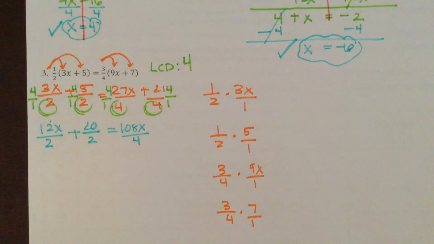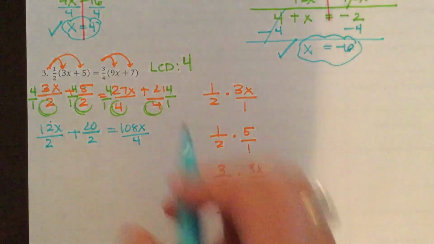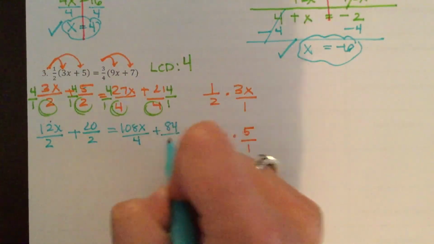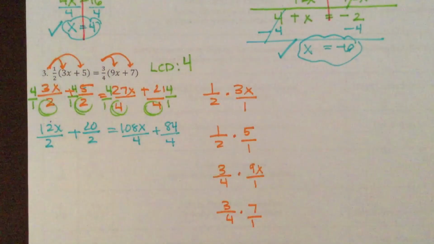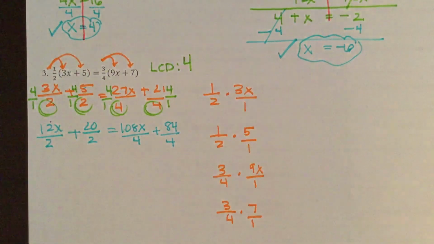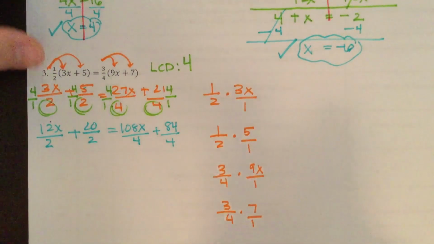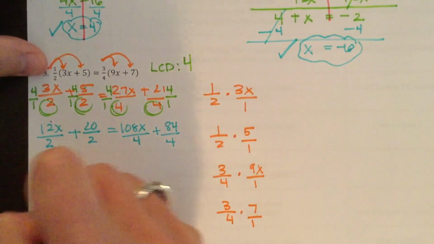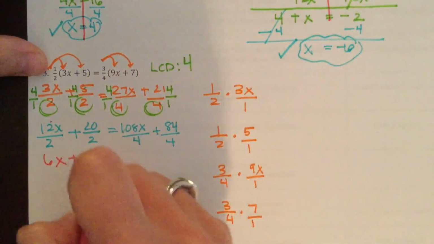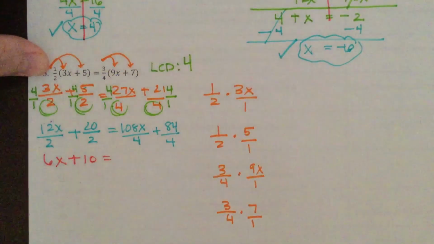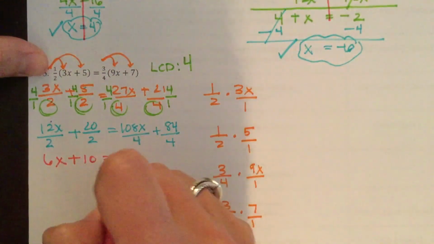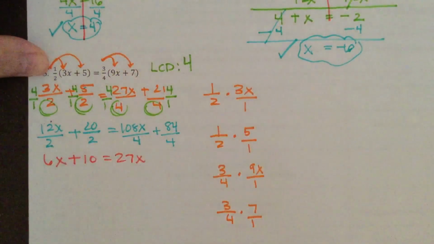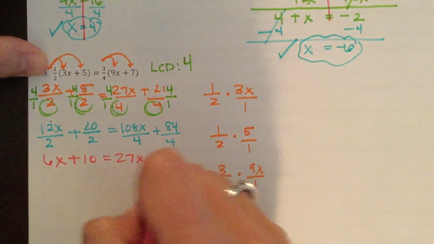And finally 21 times 4 gives us 84, and 4 times 1 is 4. Remember, we have eliminated fractions and decimals correctly if we can divide these and the fraction no longer exists. 12x divided by 2 is 6x, 20 divided by 2 is 10, 108x divided by 4 gives us 27x, and 84 divided by 4 gives us 21.